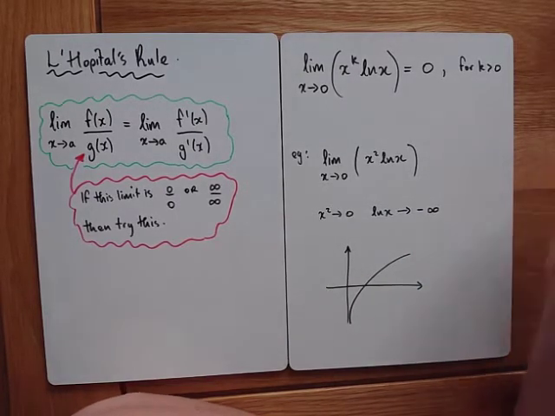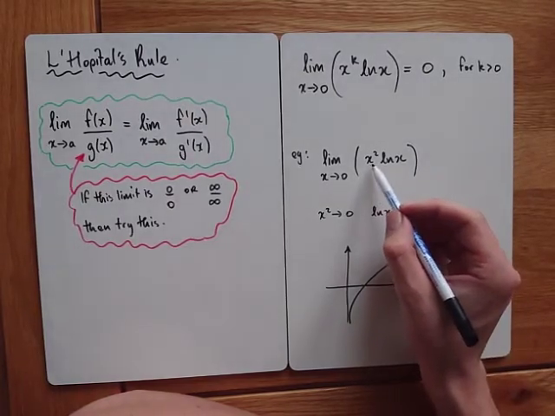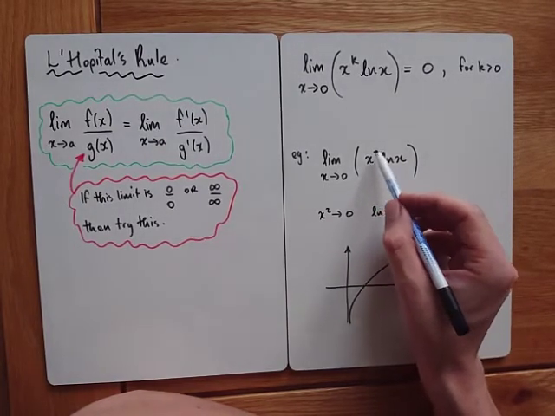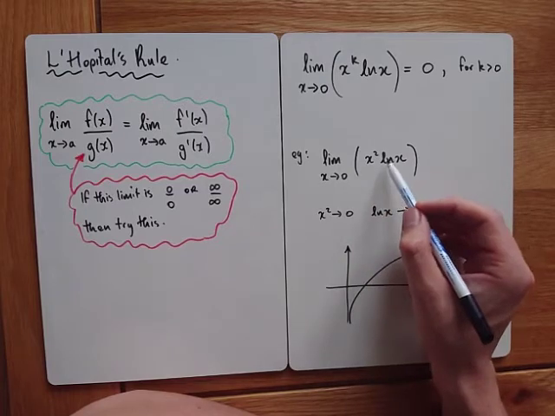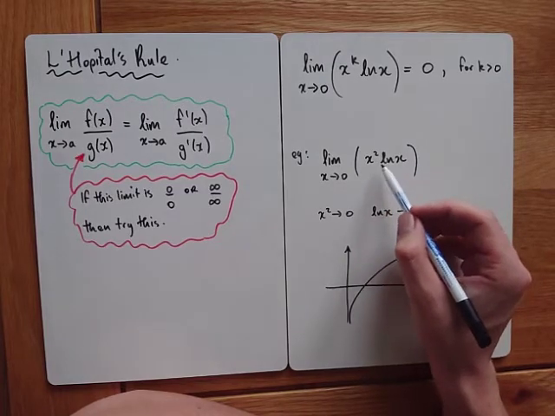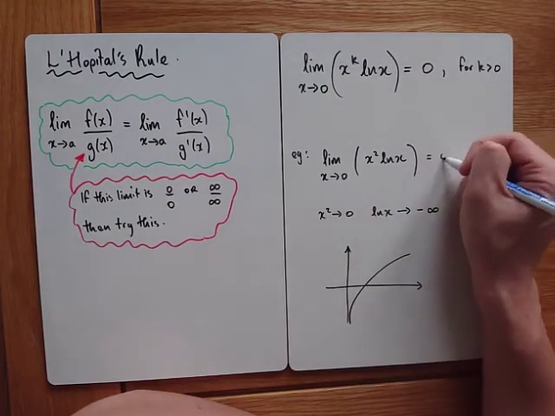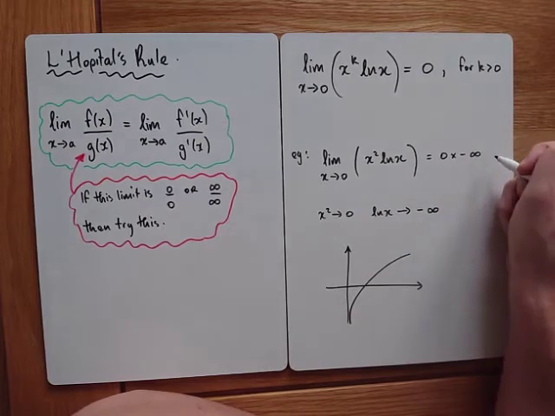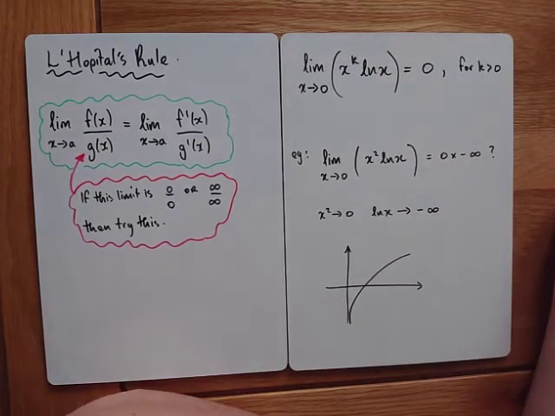So we've got something that's tending towards 0, trying to get smaller, and that one's trying to tend towards minus infinity. So essentially we've got 0 times minus infinity. And you'd be like, well, that's a bit weird, what's going to happen there?